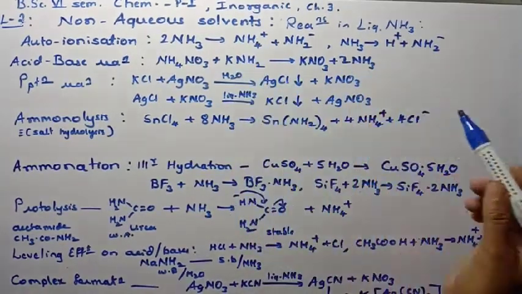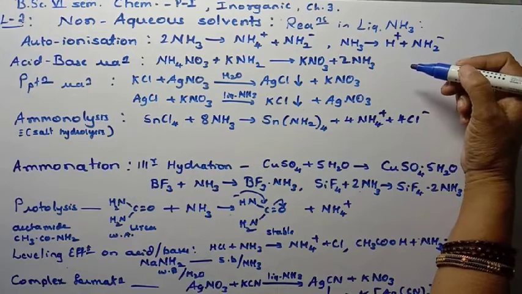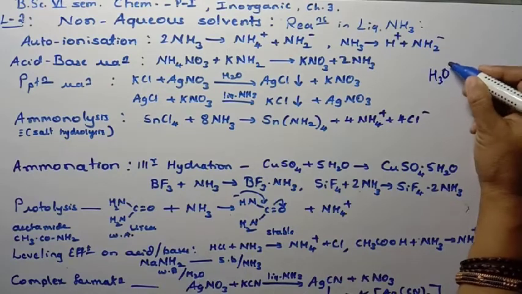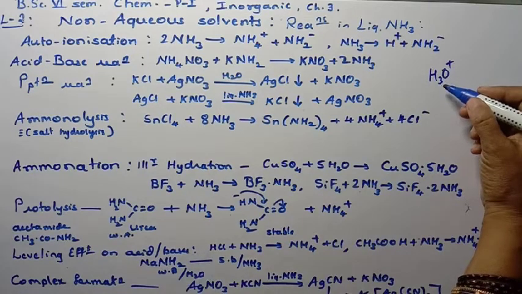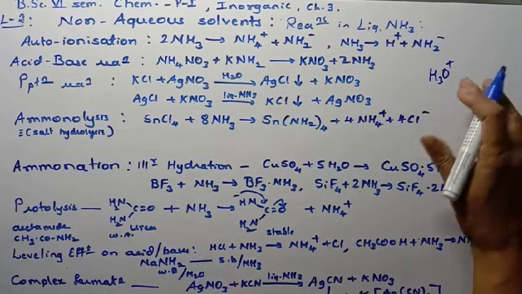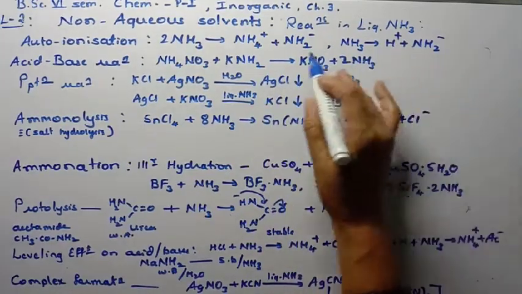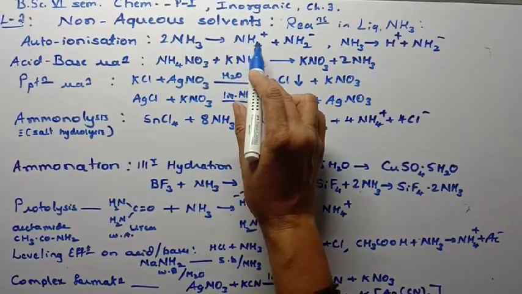Similarly, in water also H plus is very active and it readily combines with an H2O molecule and exists as the hydroxonium ion, H3O plus. Even here, H plus combines with NH3 and exists in the form of the NH4 plus ion.